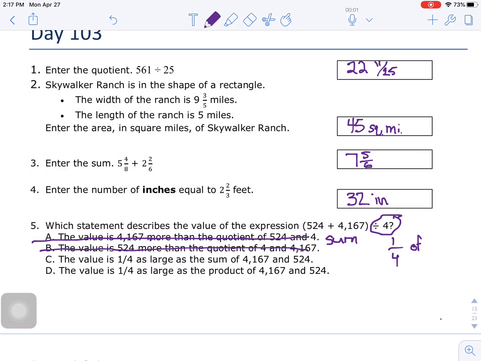So we're left with C and D. C: the value is 1/4 as large as the sum of 4,167 and 524. And D is the value is 1/4 as large as the product. So what we have to do again is look at what's in parentheses, and that is not a product, that is a sum. So we're going to cross out D, and we are left with C as being the correct expression.